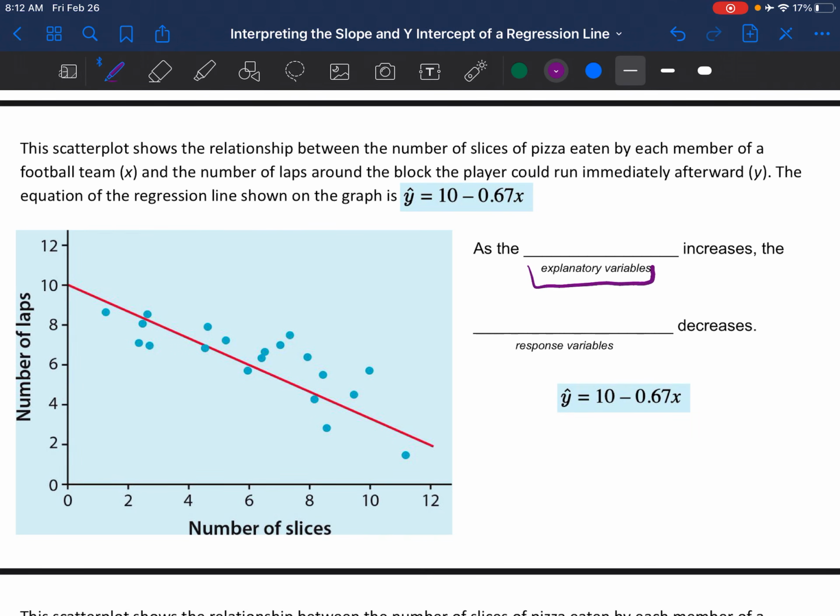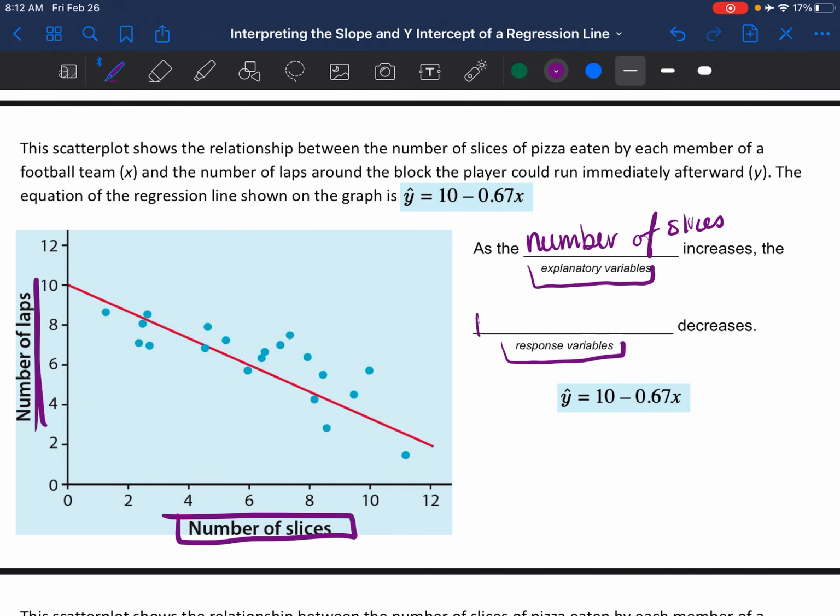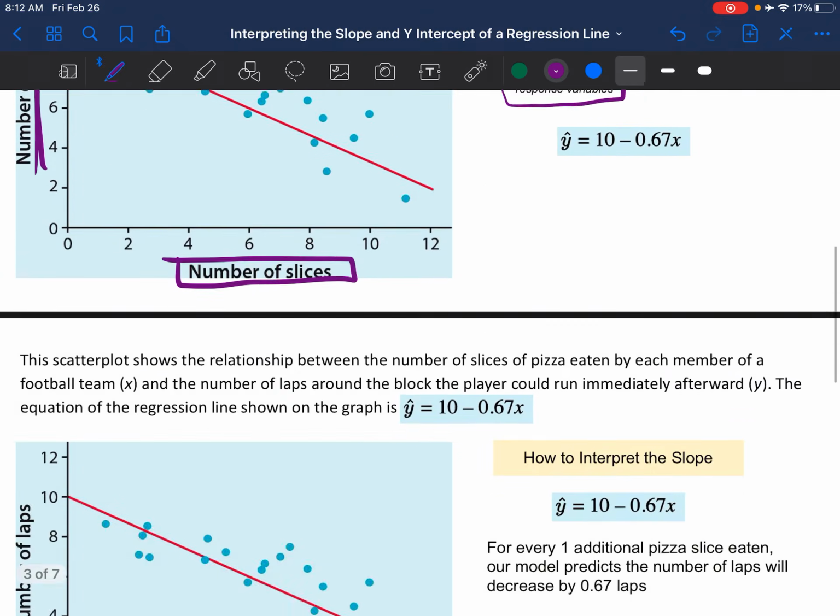We're going to look at our explanatory and our response variables. My explanatory is my x, my predictor here. As the number of slices increase, the number of laps decreases. So really all I'm filling in here is my explanatory, my response, and the direction. So that's what's happening in general.